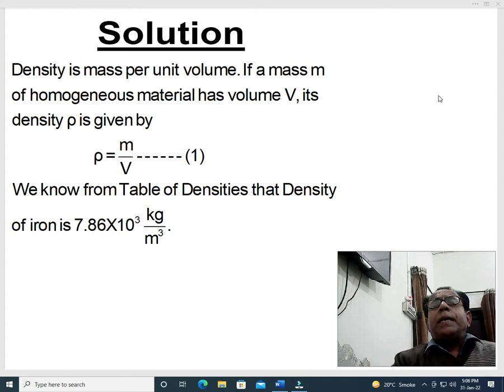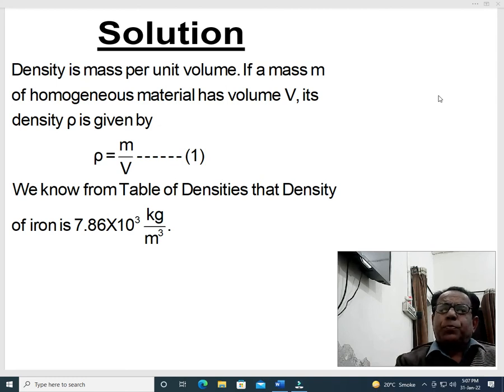Okay, we know from the table of densities that the density of iron is 7.86 into 10 raised to the power 3 kilogram per meter cube. Dear students, here if we do not write into 10 raised to the power 3, then we will write 7860 kilogram per meter cube.